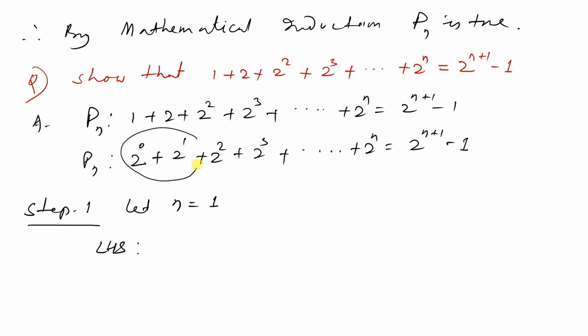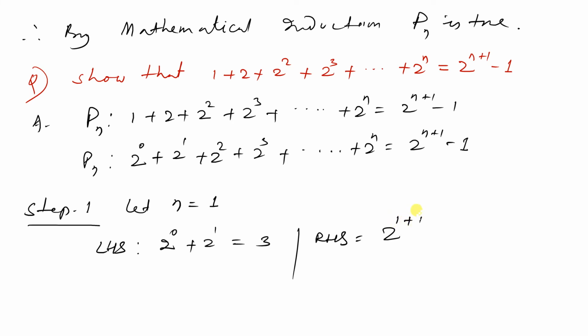So this term is 2 to the power 0 plus 2 to the power 1, which is equal to 3. RHS: put 1 in place of n, 4 minus 1. Which implies LHS is equal to RHS, which implies P1 is true.